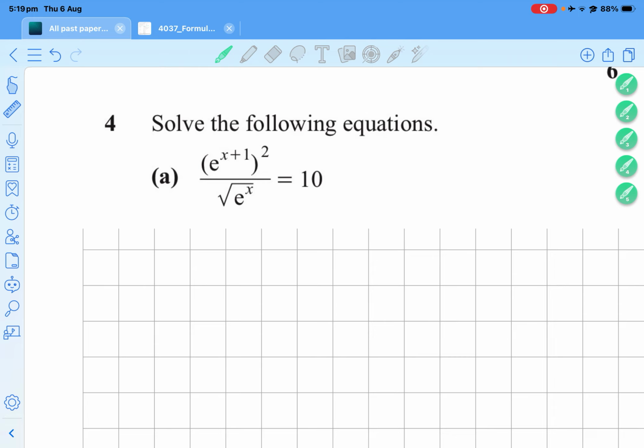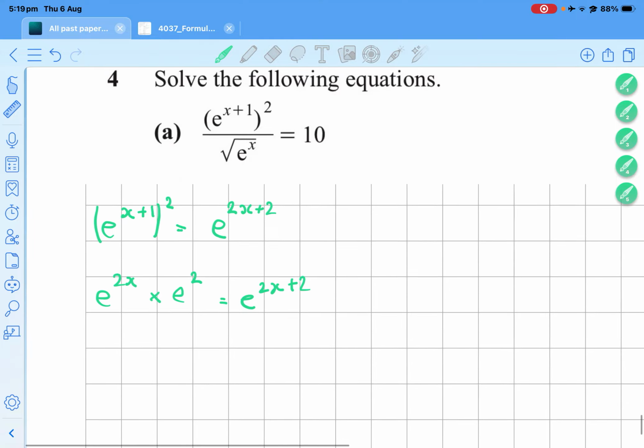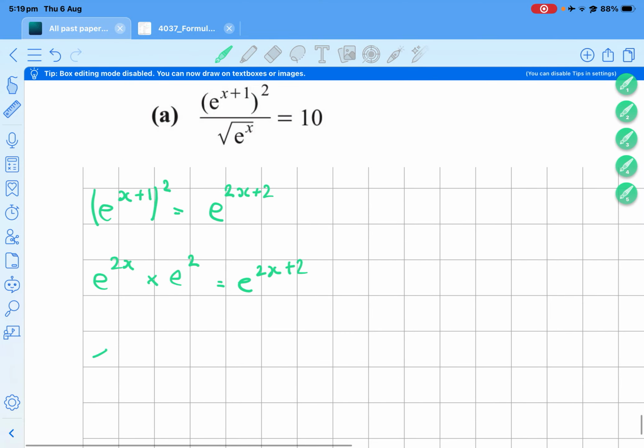So e raised by x plus 1, whole thing squared, is like saying e raised by 2x plus 2. So I could write e raised by 2x plus 2 as e raised by 2x times e squared. And then same thing goes for square root e raised by x.